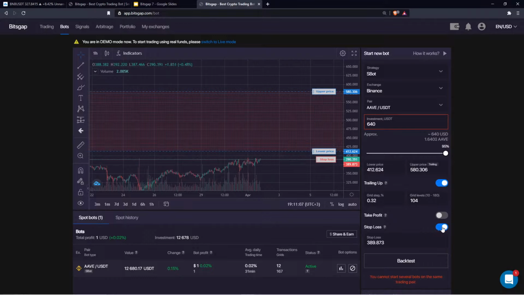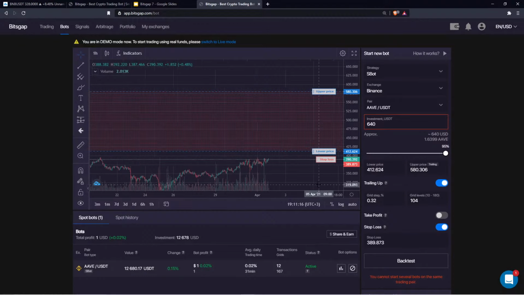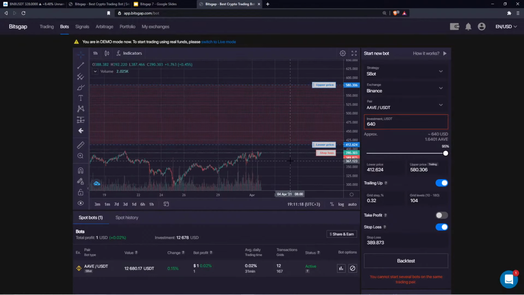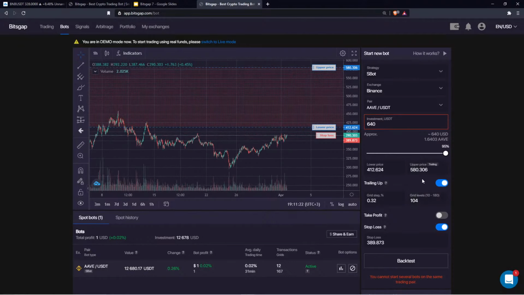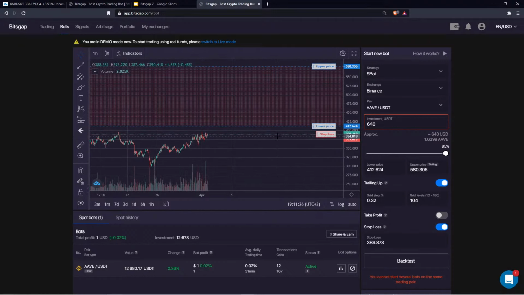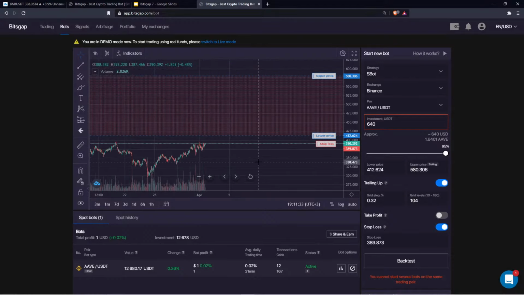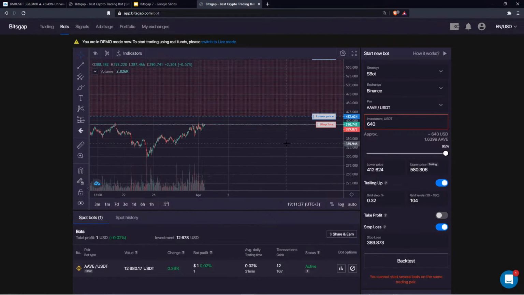So automatically, as you have your trailing up enabled, stop loss becomes trailing stop loss. So that's the thing for you to remember. You might have forgotten about it, and maybe you haven't thought of this, but yeah, this is how it works. It becomes trailing. It follows the price rally and maintains this gap between your trading range and the initial position.